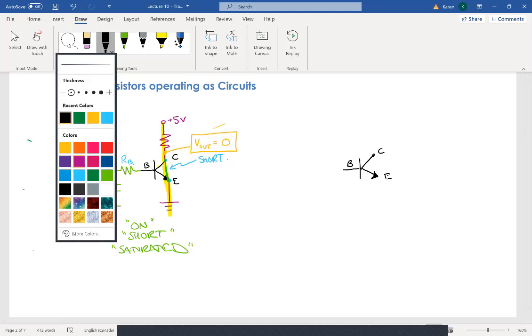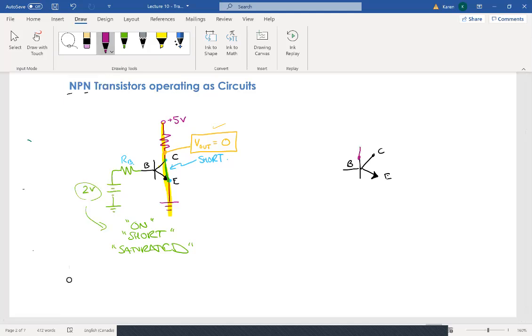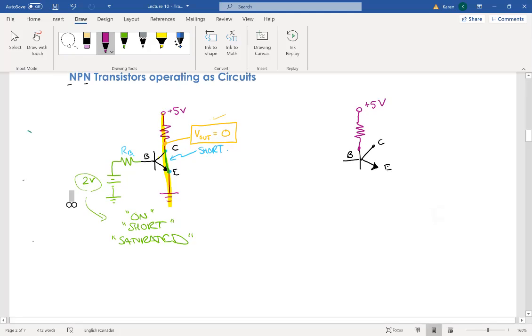I'm going to connect this to some circuitry that also has the resistor going to positive 5 volts. That's just the circuit that I'm working with right now to illustrate this concept to you. I'm also going to connect to ground.